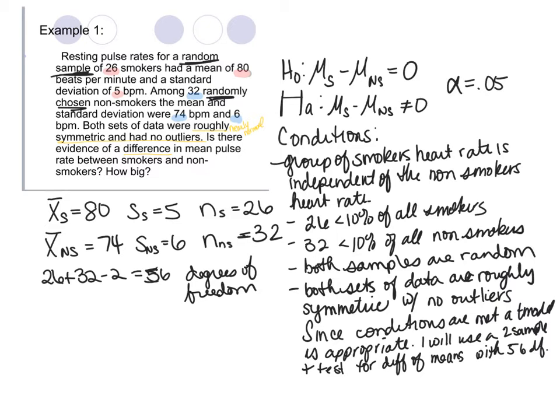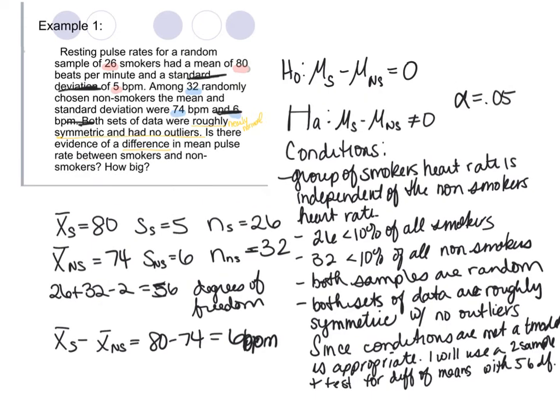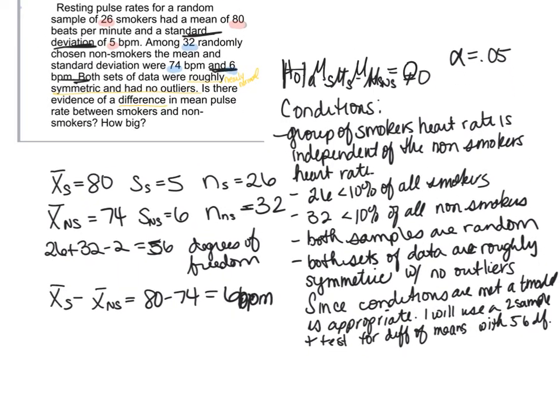So then my difference of means, my X bar S minus X bar NS is 80 minus 74, which is 6 beats per minute. That's our sample difference. So we need to find the probability of getting this sample difference if the null hypothesis were true.